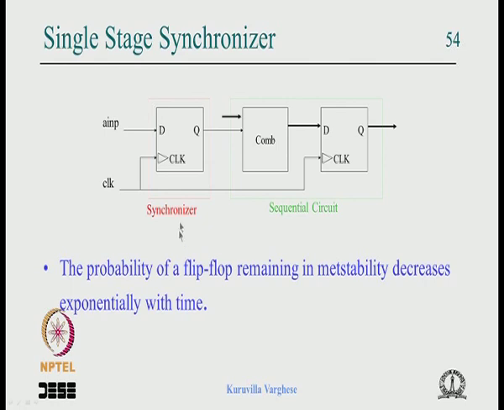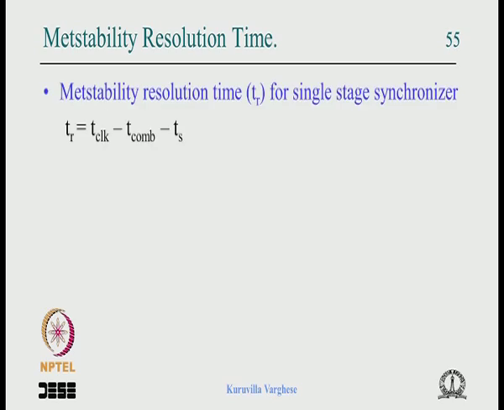Then we find that the probability of remaining in metastability is not very low. Then we have to increase the TR to make that probability very low, that's the game. So we calculated this, found the probability, and find that it is still high, so we have to increase it.